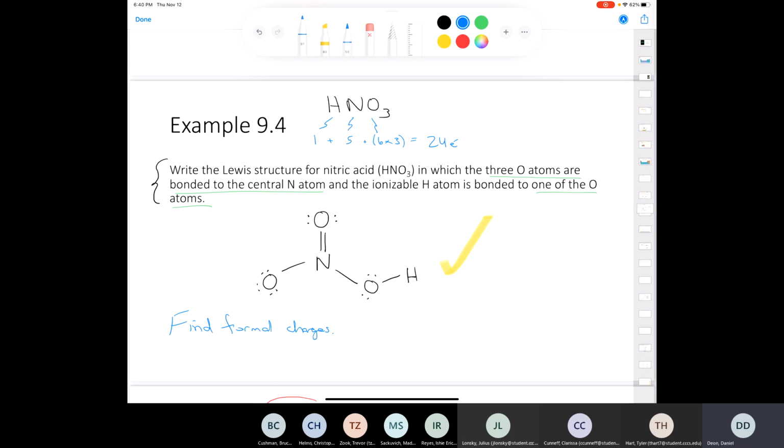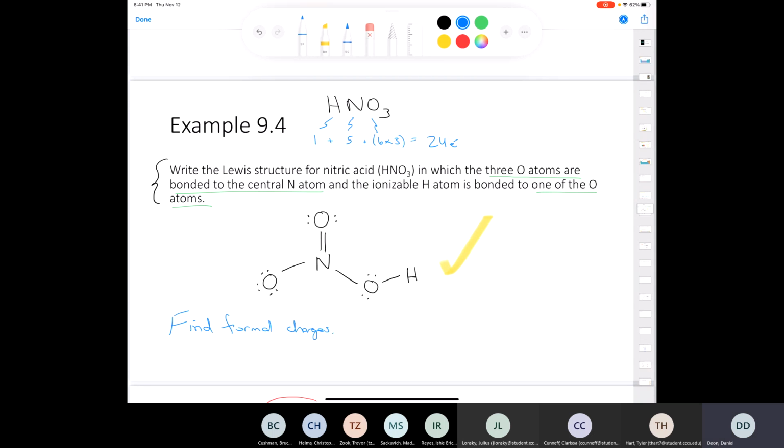All right, can anybody tell me where I might find a formal charge in this molecule? Okay, great.